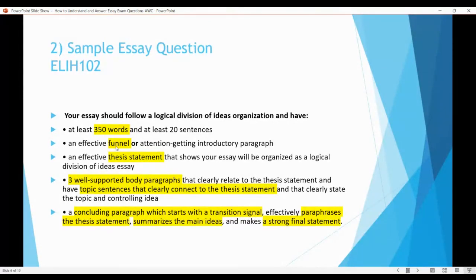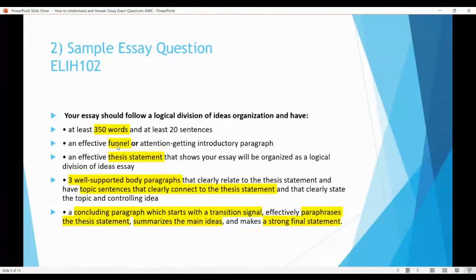Now it says an effective funnel or attention getting introductory paragraph. It's again important. You need to highlight funnel. So the question is asking you to give a funnel introduction. Now let's understand what a funnel introduction is. In an introductory paragraph, you need to begin with something very general in nature about the topic, and then you need to narrow it down to something very, very specific.